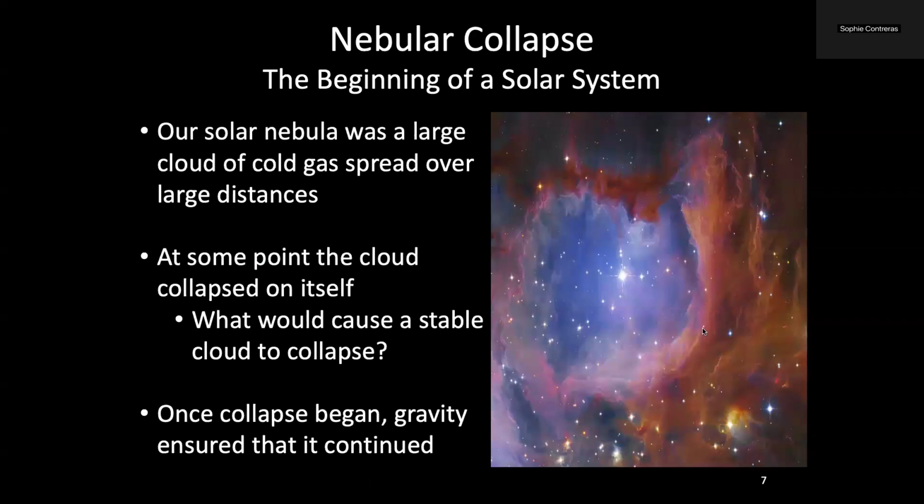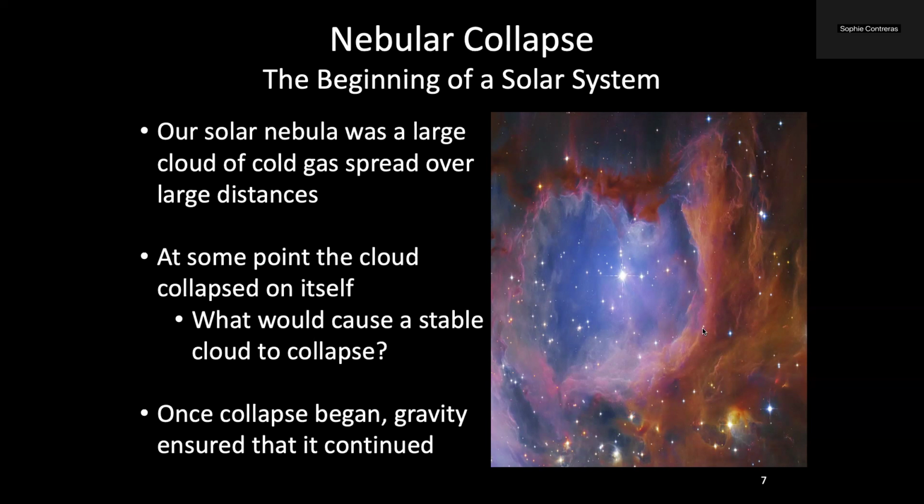You start with all of this gas, really far away, very thin, and then it feels attracted to something in the middle, and it causes it to collapse. And once that collapse begins, as you start pulling the stuff closer, then it gets bigger, and so it can pull on more stuff.